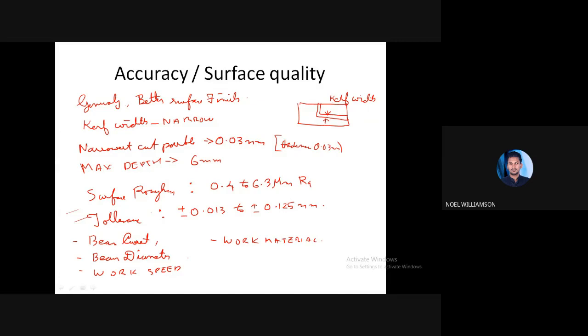Then next, regarding the heat affected zone. We know in any machining operation where there is a rise in temperature, a particular zone will be affected by this heat, and that is termed the heat affected zone. In some cases there is a recast layer also.